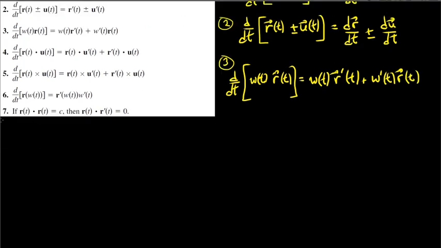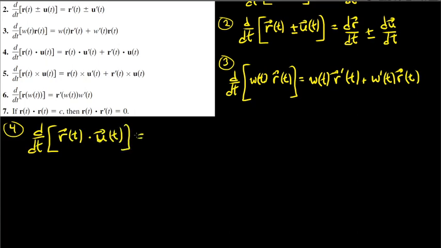Rule 4: now we're going back to the two vector-valued functions, and we're going to take the derivative of the dot product of r of t and u of t.